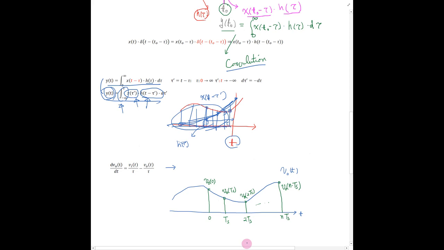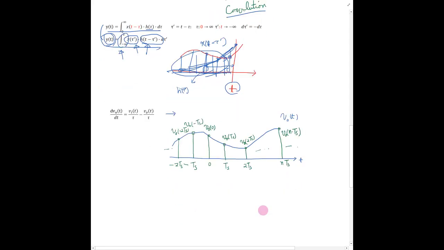Okay, this is the sampling process. I can add negative times here, minus Ts, then this one is vo(-Ts), and minus 2Ts is also possible. It all goes on like that. Then we can convert this into a sequence.